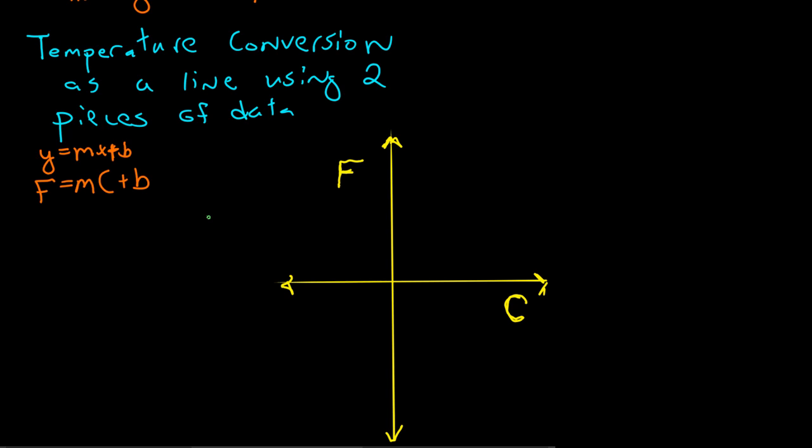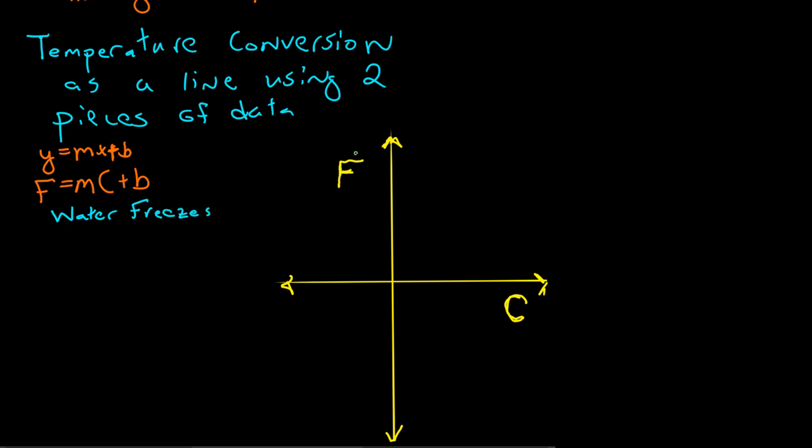So we're going to borrow the idea of lines, but what are the 2 points of data we have? Well, the 2 points of data we have for this temperature scale is from water. Water freezes. Now notice my points here.